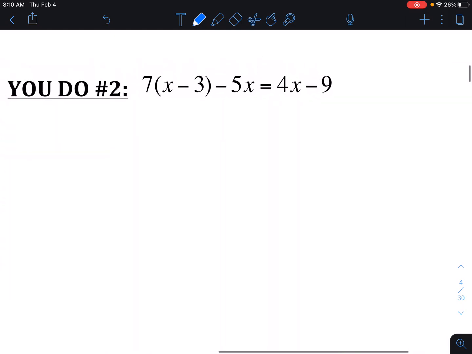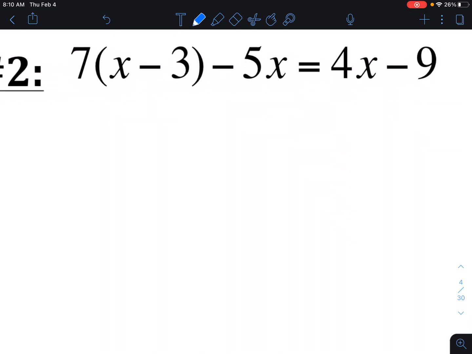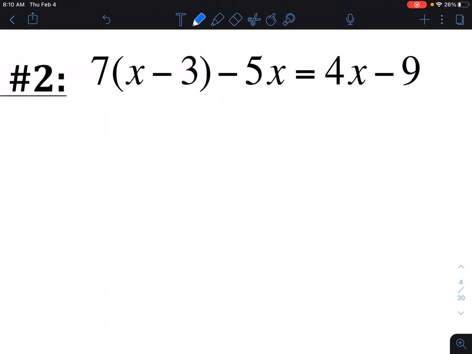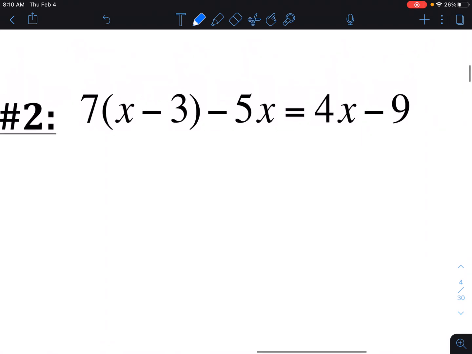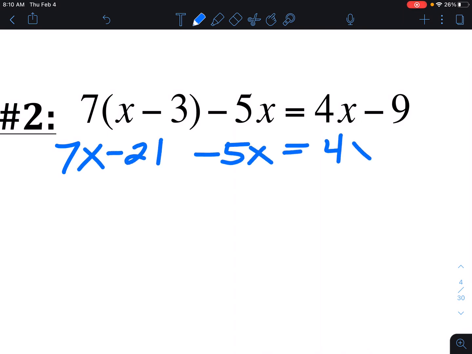Okay, you pause this now and try this problem out. Okay, I'm going to fly through this problem, and let's see if you were correct. I'm not going to talk much here.